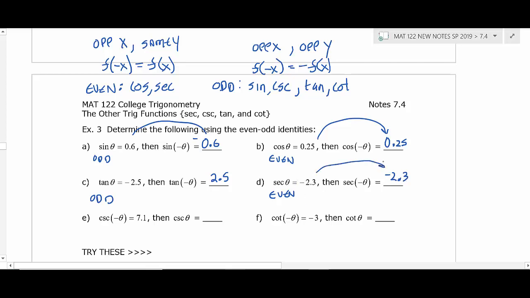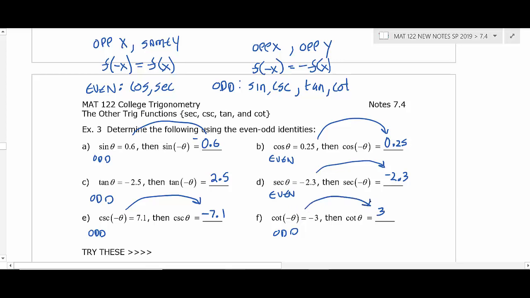And let's see, the next two. Cosecant is an odd function. The way odd functions work is opposite angle, opposite y. You just got to know which is even and which is odd. Cotangent is an odd function. So again, opposite angle, opposite y value, like that. That's all there is to that.